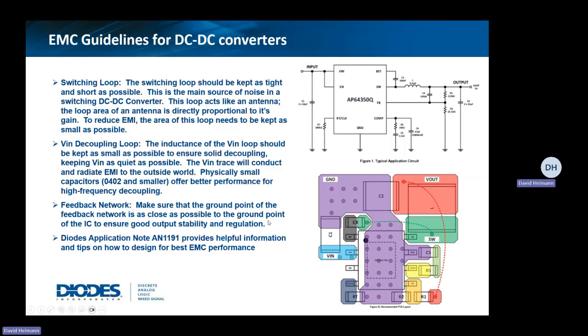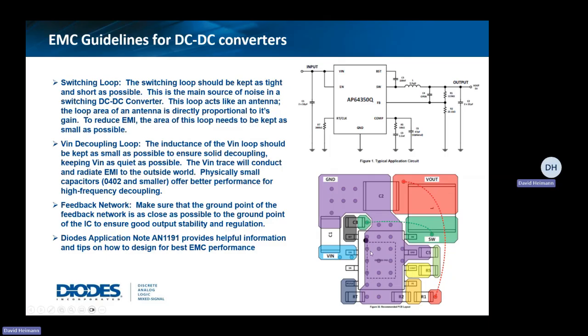As far as conducted EMI, most of the conducted EMI coming out of the part is typically going to come out from the VIN pin, right? So we talk about the VIN decoupling loop. The VIN decoupling loop is right here on the schematic. It's VIN, and then you have your input capacitor.